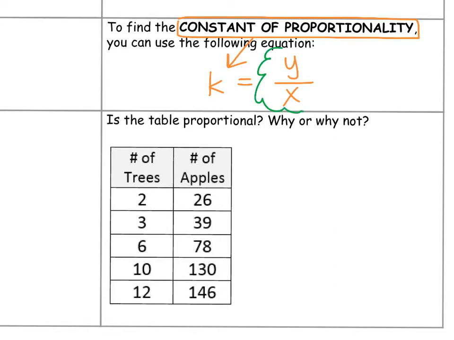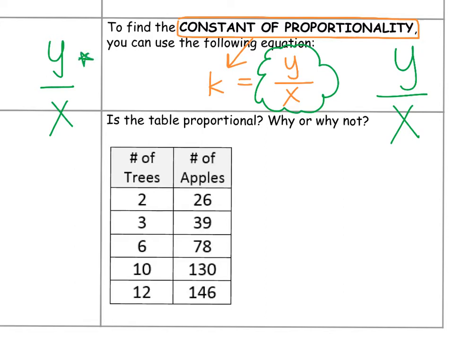Make note, it's y divided by x. Write that 1,000 times so that you don't forget y is on top when we're trying to find the constant of proportionality. Do not flip that around.